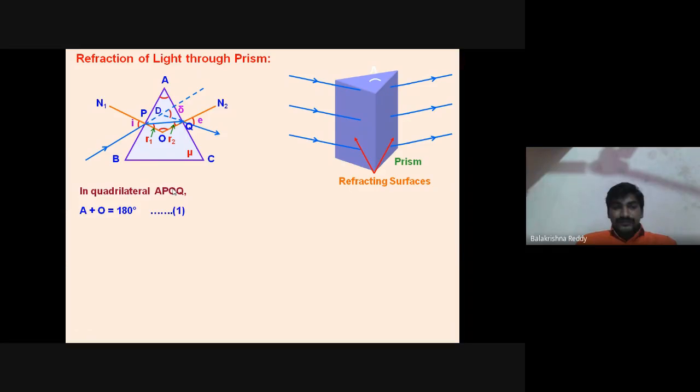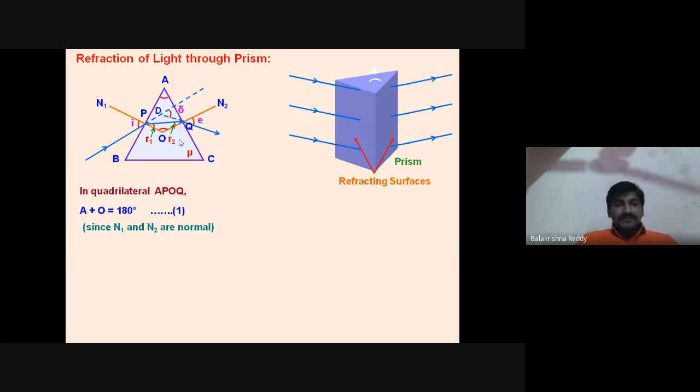In the same manner, on the basis of the quadrilateral rule, we have angle O plus angle A, opposite angles, equal to 180 degrees. That we have taken as equation 1. It's a mathematical proof. We know that normal 1, normal 2 are in the diagram.